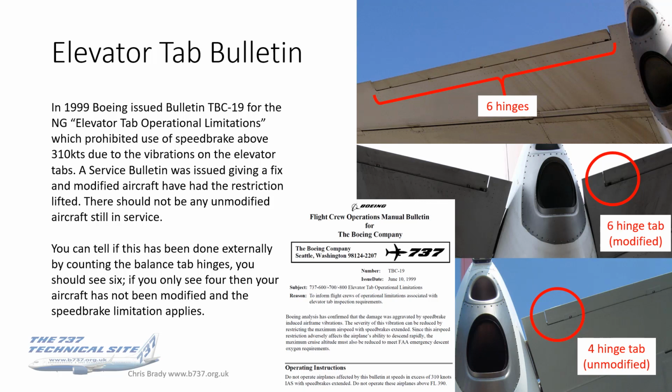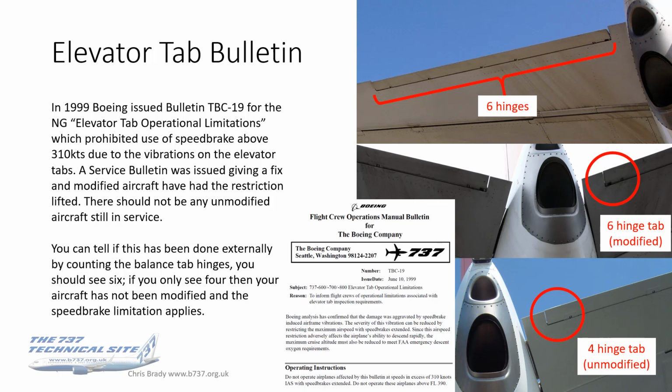The original unmodified aircraft were as shown in the bottom photograph. They're 4-hinge aircraft, four hinge tabs. When the modifications were complete, the modification put 6 hinges on there. What I'm showing you in those bottom 2 photos is the difference between the 4 and the 6 hinge.